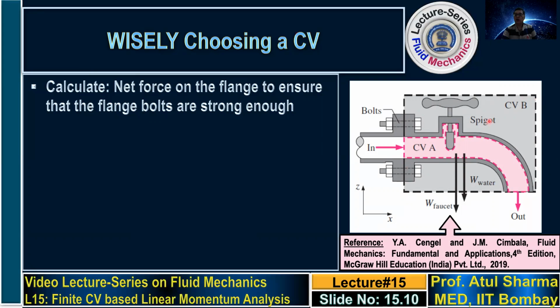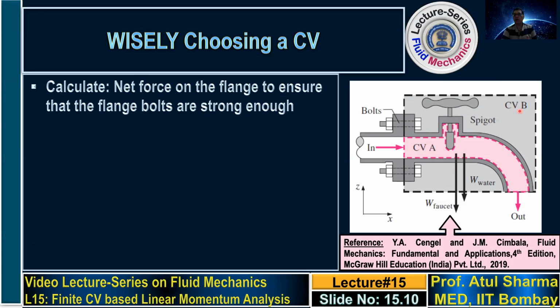Now the question is, once you take a control volume, at the control surface we are supposed to know the forces. There are two types of forces. Body force, which is the weight. If you take control volume A, then you need to know the weight of water.